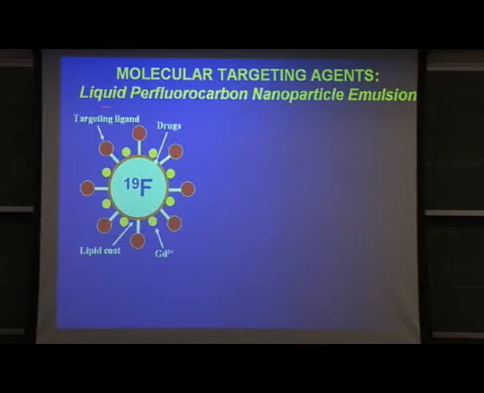And you can put targeting agents or molecular Velcro, if you will. You could put imaging agents like gadolinium, which is the contrast agent used for MRI. You could hook it onto a lipid or a fat and put it in this membrane. And you can put drugs in here directly into the membrane, dissolve them in the membrane.